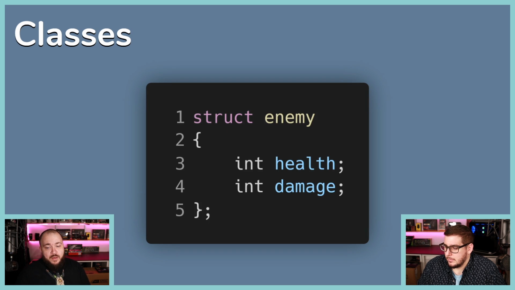So here we have a struct called enemy, and that struct contains two variables. It is health and damage, right? So this struct is then grouping together health and damage. But like I said before, this is a blueprint, right?